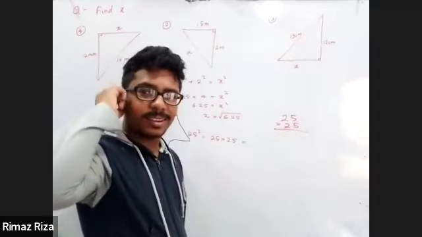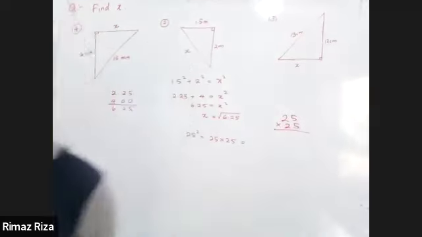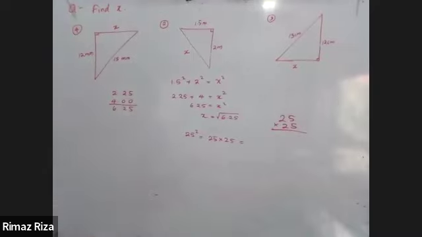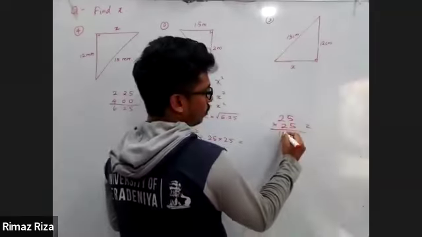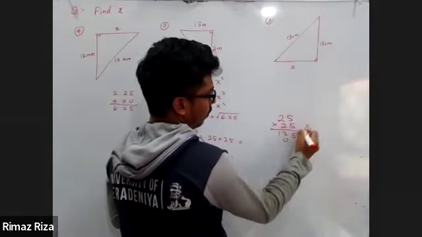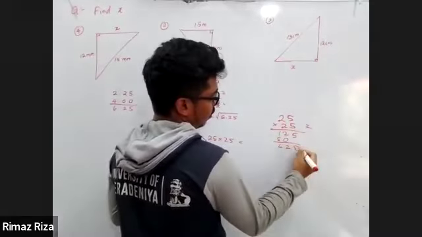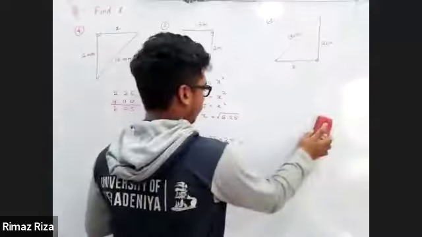So 25 into 25: 5 into 5, 25, remains 2. 2 into 5, 10, and 2, 12, remains 1. 2 into 2, 4, 4 plus 1, 5. So 625.